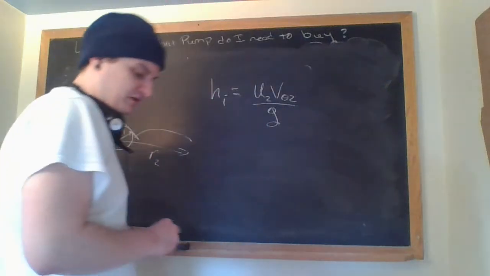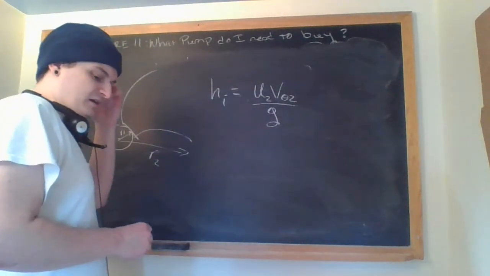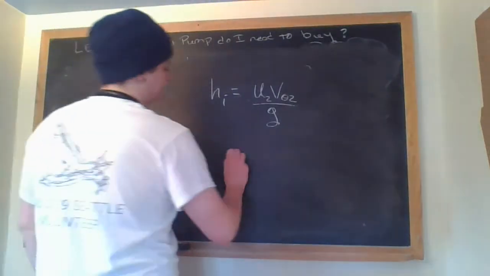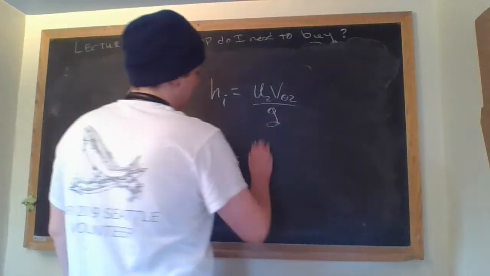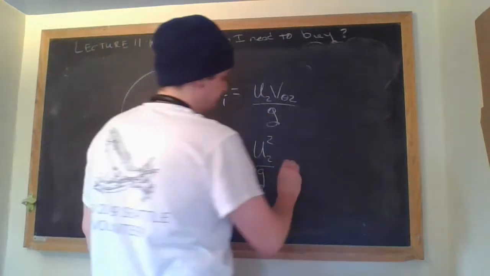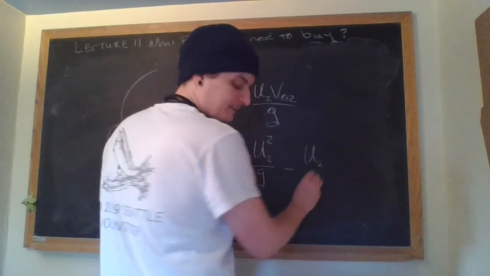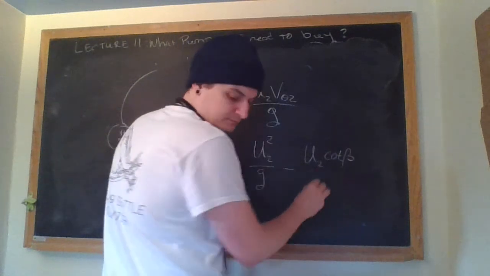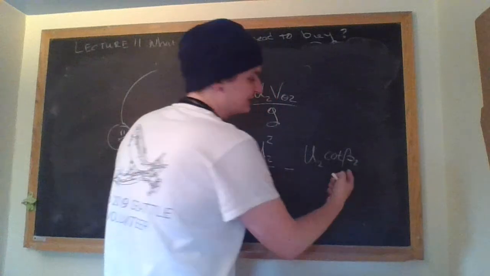Okay, so what we end up doing is using that cotangent formula from the notes and get this relationship. Beta 2, because this is the out, right?